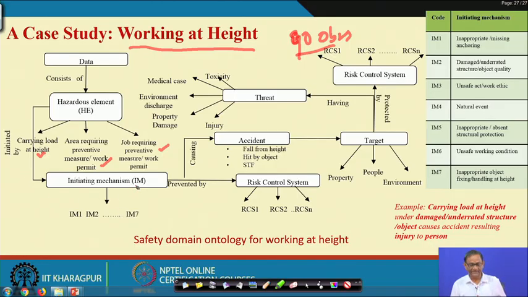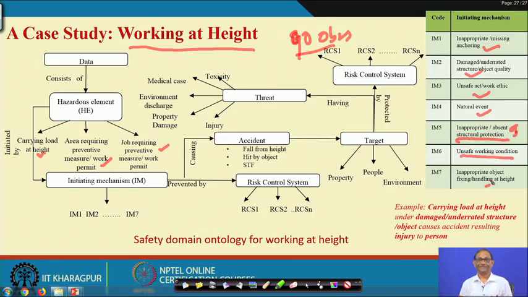Okay. So, for this hazardous element there will be different kinds of initiating mechanisms. When we analyzed the initiating mechanisms, we found these: inappropriate or missing anchoring, damaged or underrated structure or object, unsafe act or work ethics, natural event, inappropriate or absent structural protection, and then unsafe working conditions and inappropriate object fixing or handling at height.